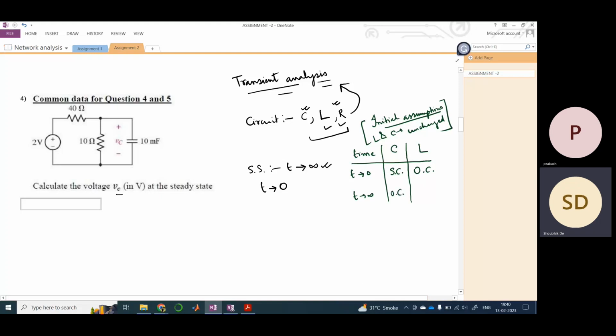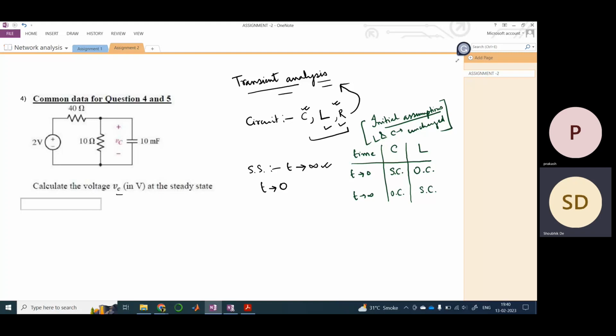It would become an open circuit, and this would become a closed circuit. This also has a reason. At t equals to infinity, there would be a complete voltage build up across the capacitor, and hence it would get charged up. As soon as the capacitor gets charged up, it tends to act like a voltage source, and in some cases, it acts like an open circuit.